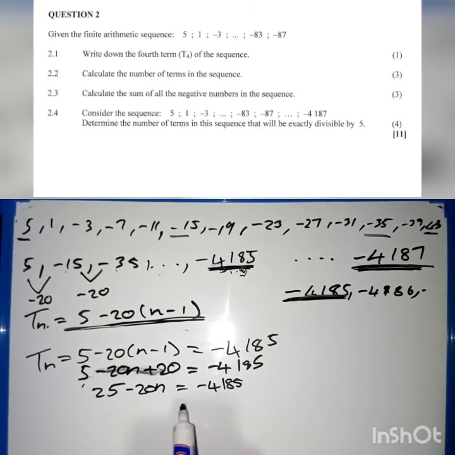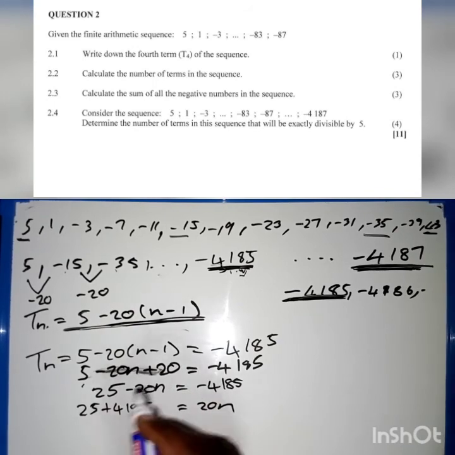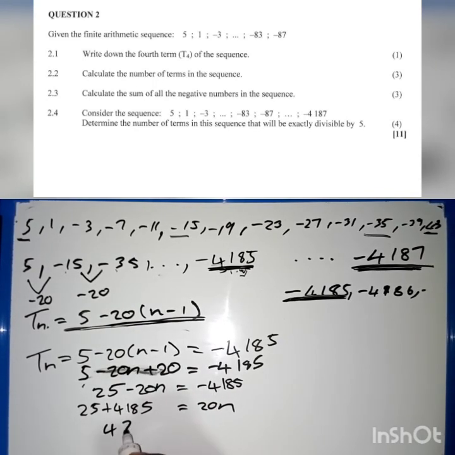And then I'm going to bring my -20n this side, becomes positive, and then 25 plus 4185. This will give us 4,200. You can use your calculator.